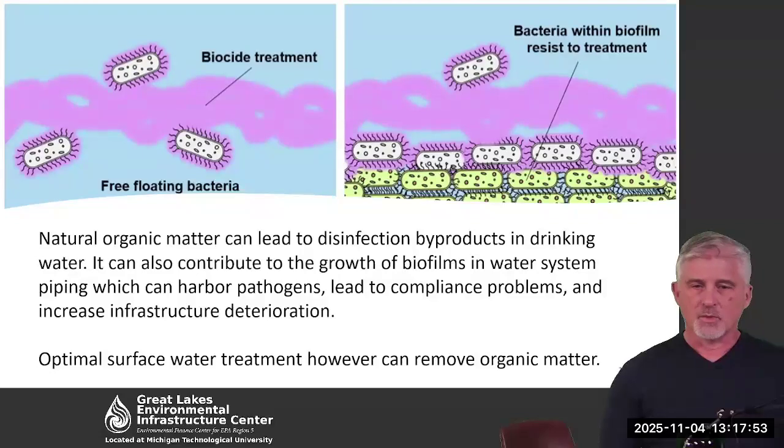So we want to limit how much natural organic matter is getting out, because that'll help limit the amount of biofilm growth that we get. And they can harbor pathogens, the biofilm. That can cause some compliance issues, and they can affect how our infrastructure operates. Now, if we have optimal surface water treatment, we should be able to remove most of that organic matter and limit how much biofilm growth is occurring.